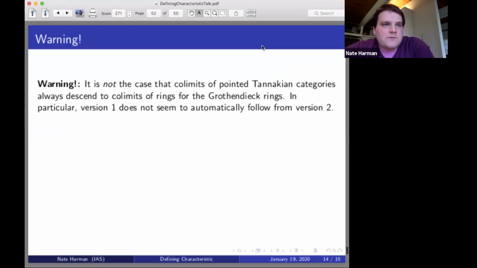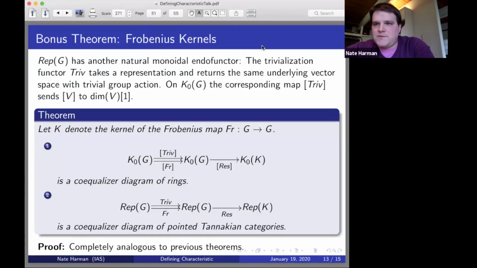One more fun thing I'll say about Frobenius kernels is a mixed version of these two theorems. If I take my two maps to be the Frobenius twist and the square of the Frobenius twist, then the co-equalizer corresponds to the points that become Frobenius fixed once you Frobenius twist them once.